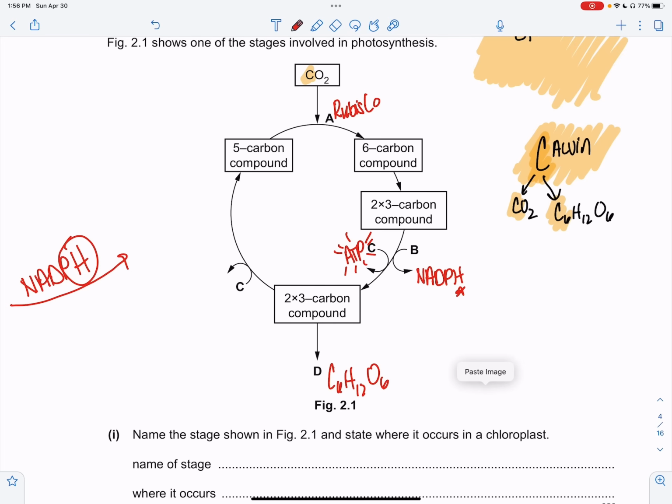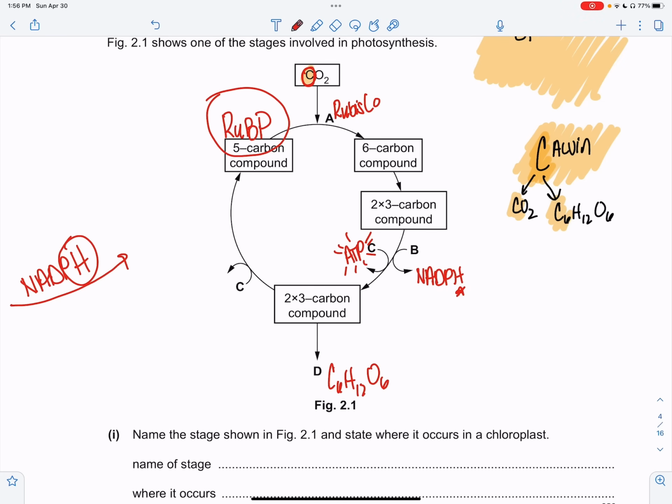And then this is like the reforming and rebuilding of RUBP. RUBP is a 5-carbon compound sugar, and it is going to reform with this CO2 all over again. So this is like the starting building block for the Calvin cycle.